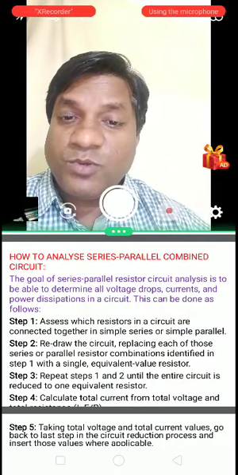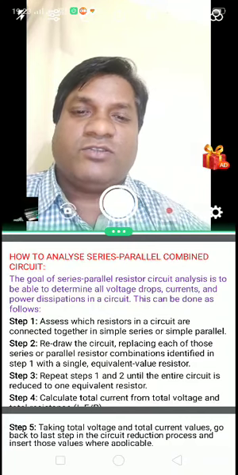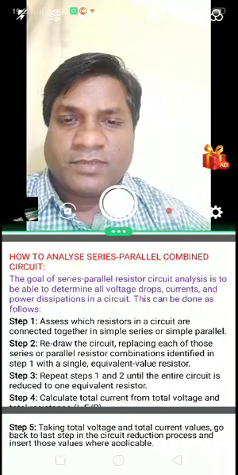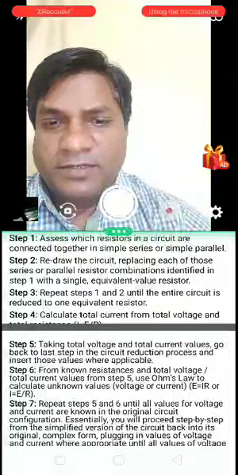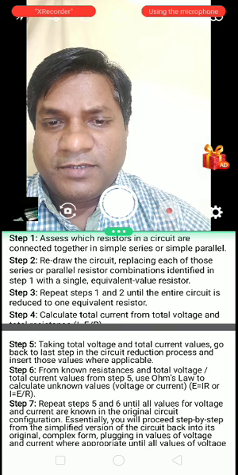In step 2, redraw the circuit, replacing each of those series or parallel resistors. Step 3, repeat step 1 and step 2 until the entire circuit is reduced to one equivalent resistor. Just like in our previous case, we found the equivalent resistance to be 10 ohm plus 2 ohm, that is 12 ohm.